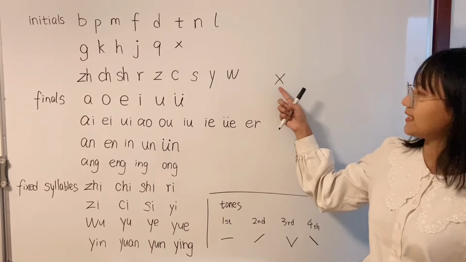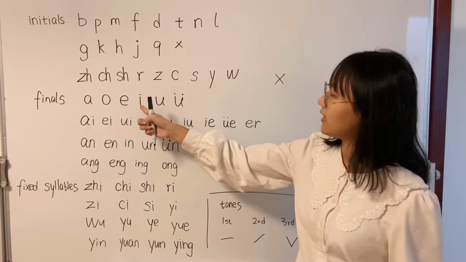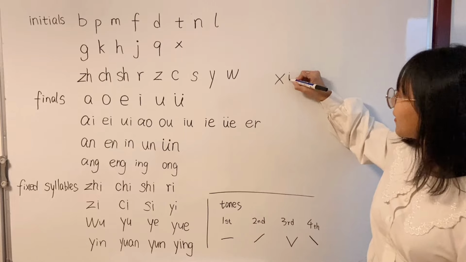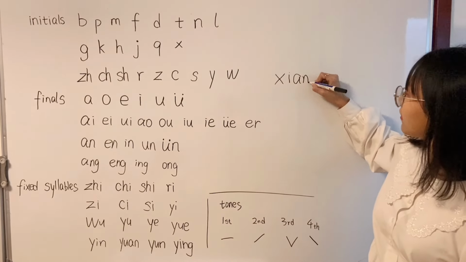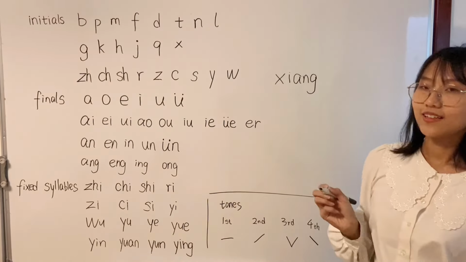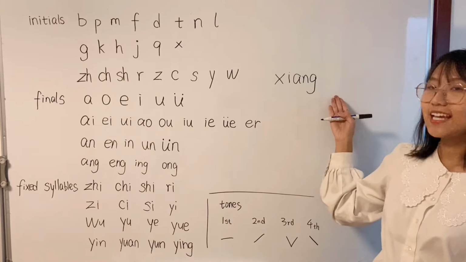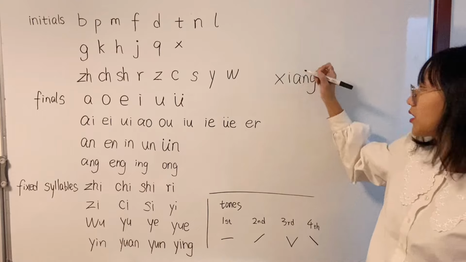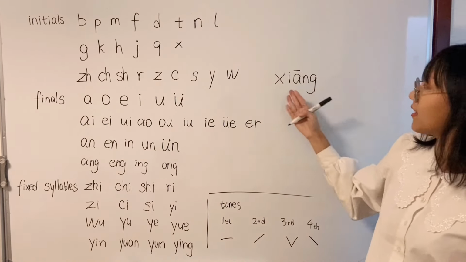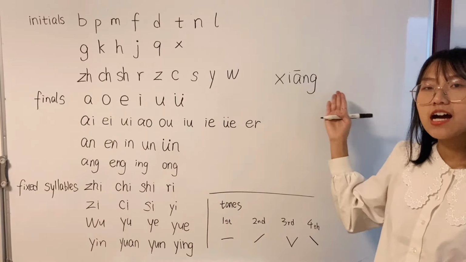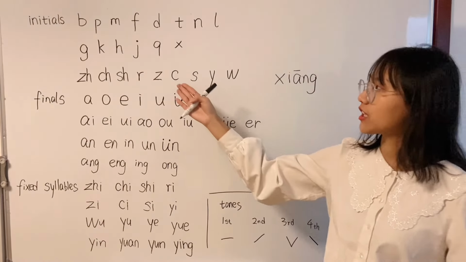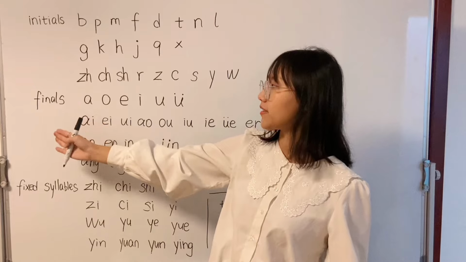For example, si can go with the i, together. Like this. Xiang, where do we put the tones? In this circumstance, we put it right here. It's called xiang. Most of the time it only goes with one initial and one final.